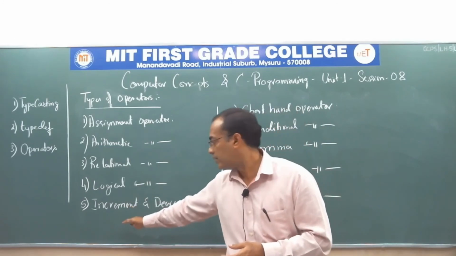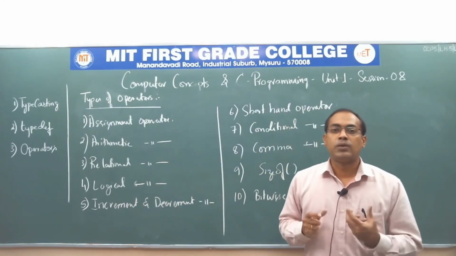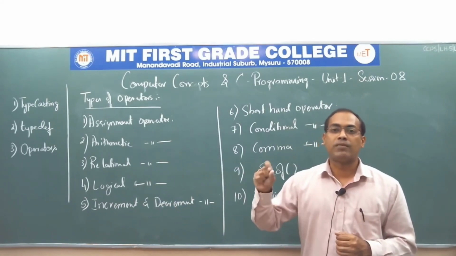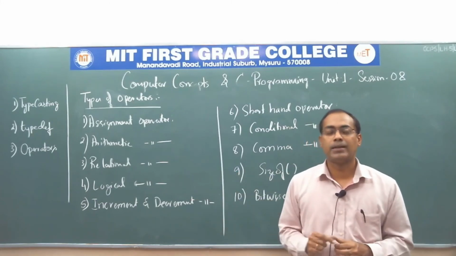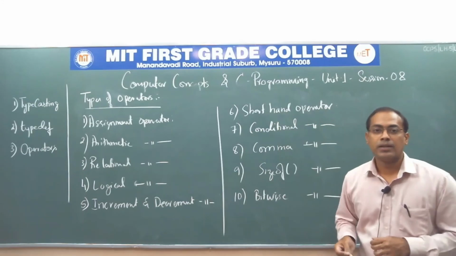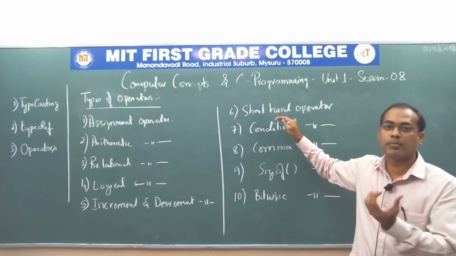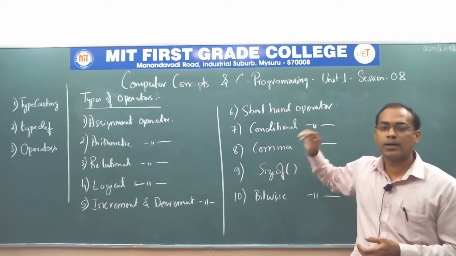Then we have increment and decrement operators. These are special operators which are used to either increase or decrease the value of a variable by 1. Then we have the shorthand operator. You are representing an expression in a short form, that is, you write it in a shorter way. Such operators in C we call shorthand operators.